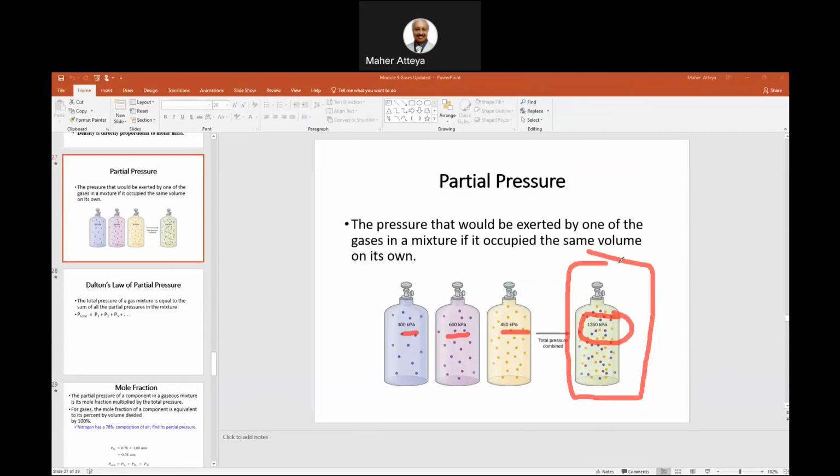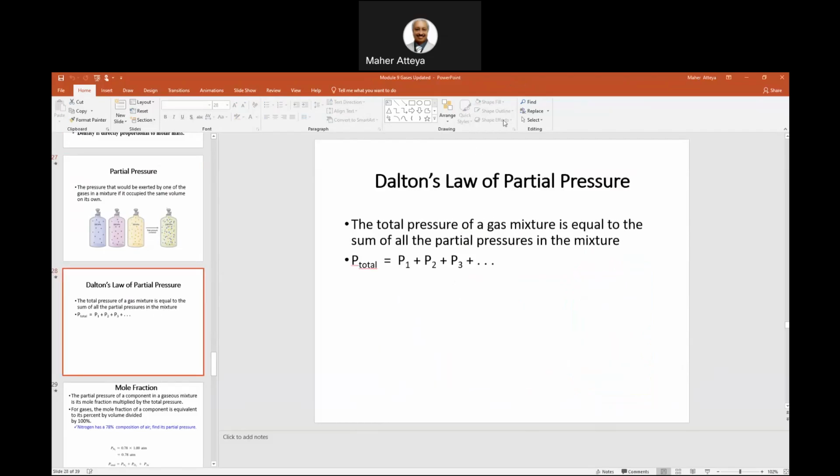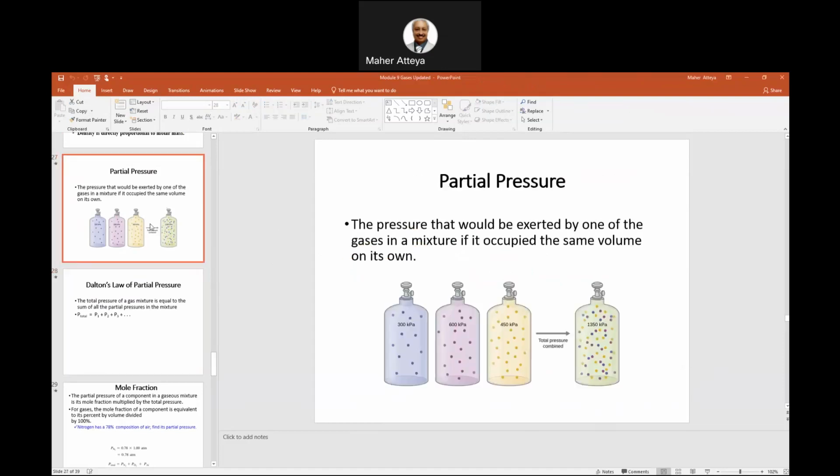So that's what we mean by partial pressure. Write this down. This is called Dalton's law. Dalton's law tells you the total pressure of a gas mixture is equal to the sum of all partial pressures in the mixture. That's the example we have seen here.